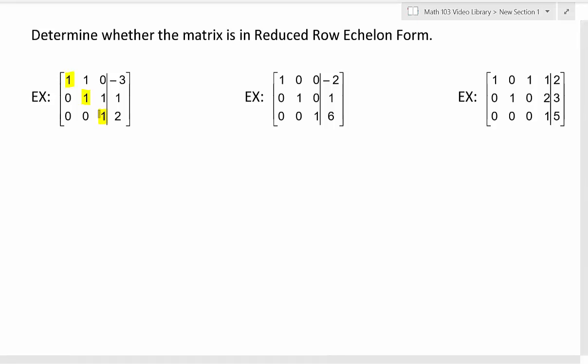Number 3 says that the leading 1 in the row above is farther to the left. Also true. And characteristic number 4 says that we have zeros above and below each of our leading 1s. Notice in the first row, second column, and in the second row, third column, we have numbers other than 0. Therefore, this is not in reduced row echelon form.